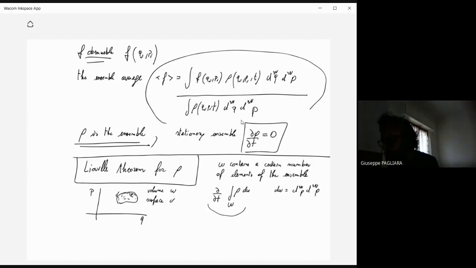Okay. Now we can compute the variation in time in terms of flux also.